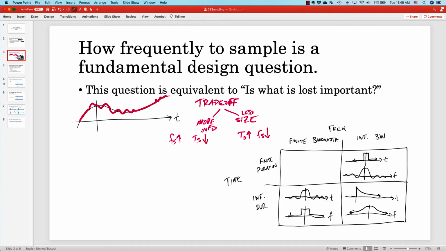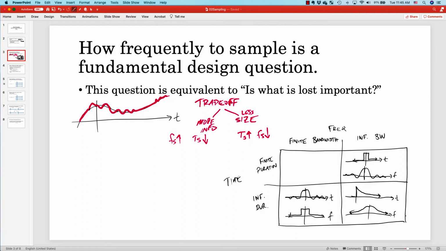Okay, so this has infinite duration. That is, it goes on and on forever. There is no point in positive time for which the signal is 0 forever after. And the same can be said in frequency. There's no frequency beyond which the spectrum is 0.